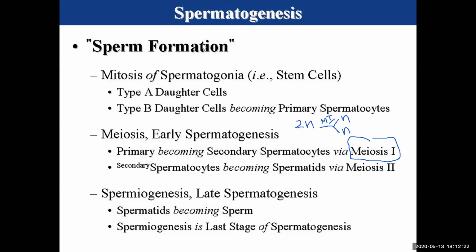So you have the primary spermatocyte undergoing meiosis 1, and you will get two secondary spermatocytes.